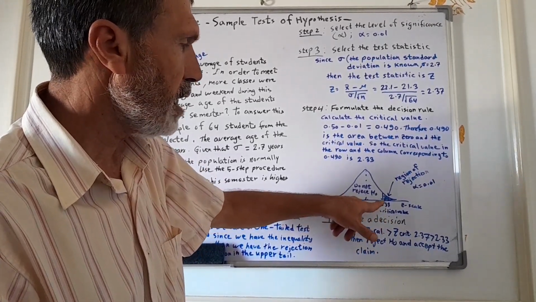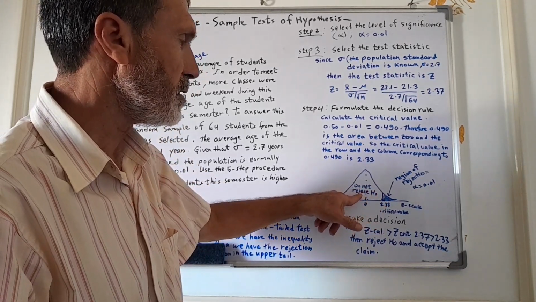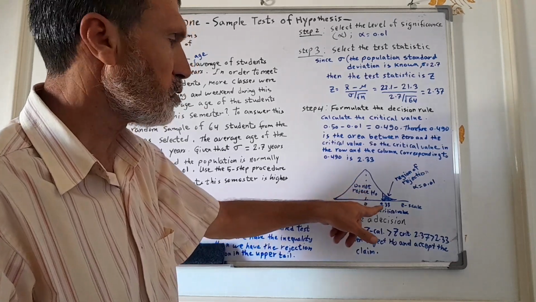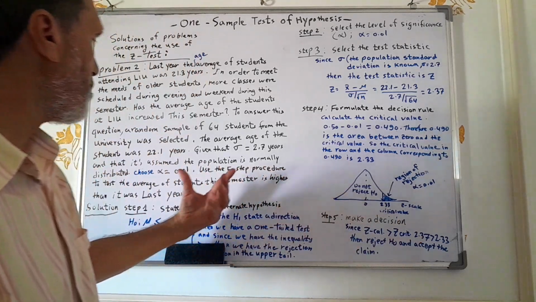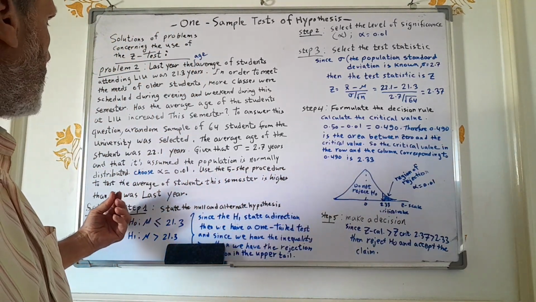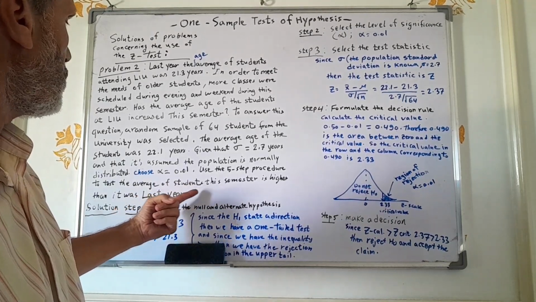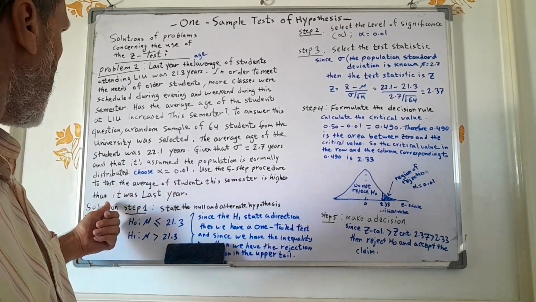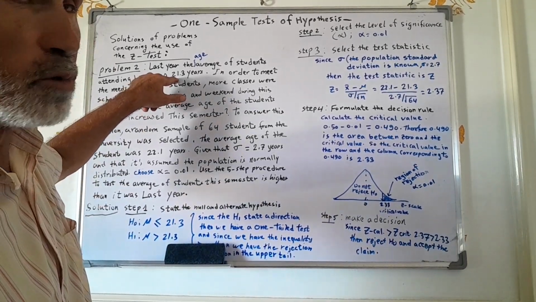The decision is that we reject the null hypothesis because we are in the rejection area, and accept the claim. That is, we accept that the average age of students this semester is higher than it was last year, which is 21.3.